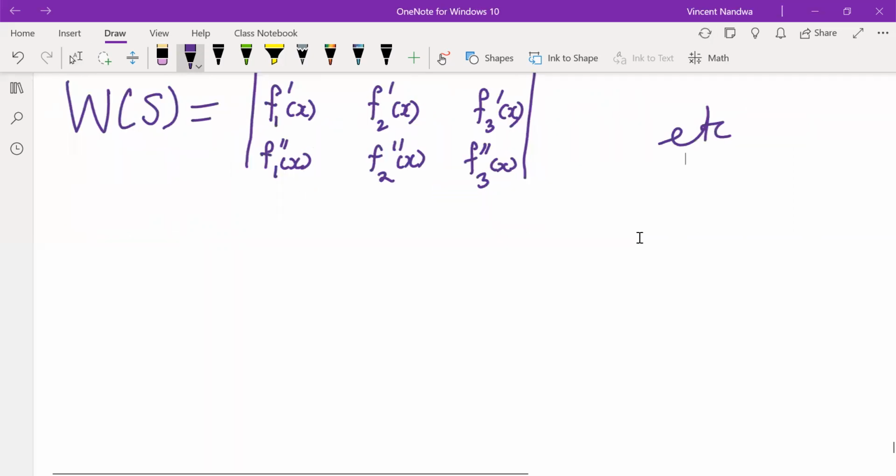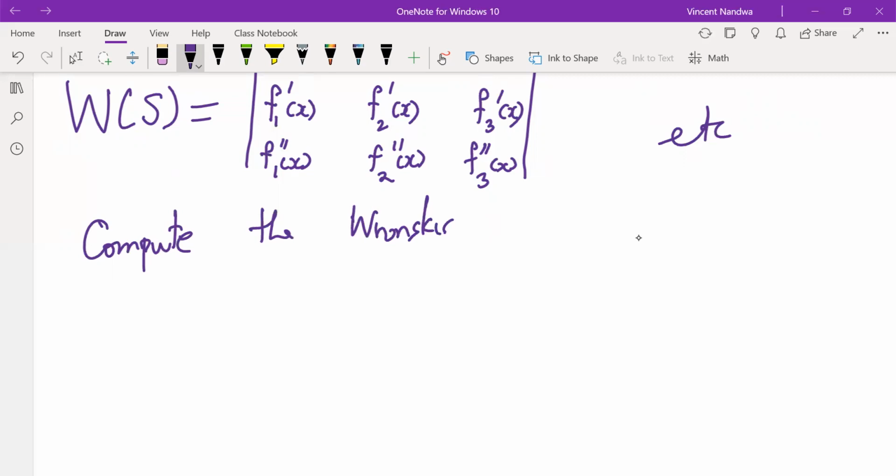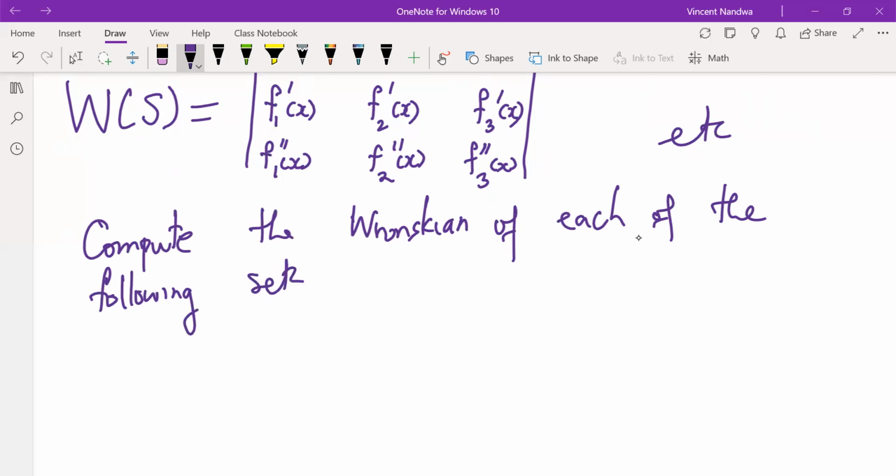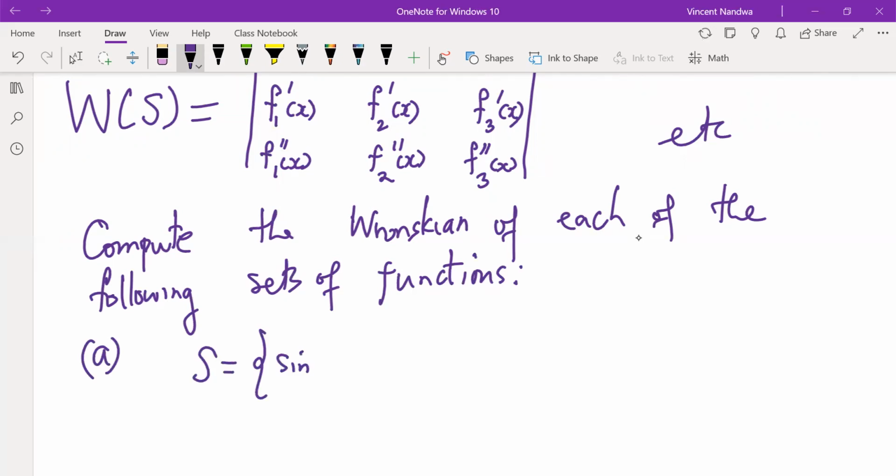So let's quickly demonstrate with an example. Compute the Wronskian of each of the following sets of functions. A, S has sine x and cos x.